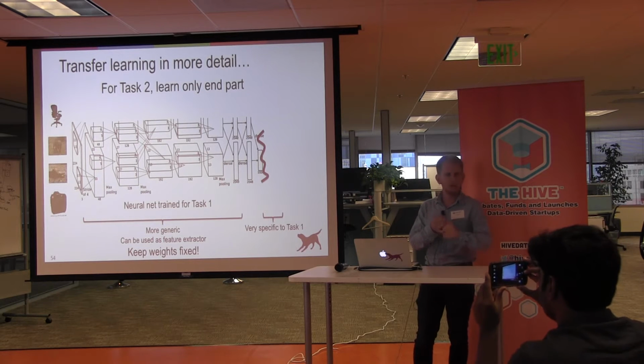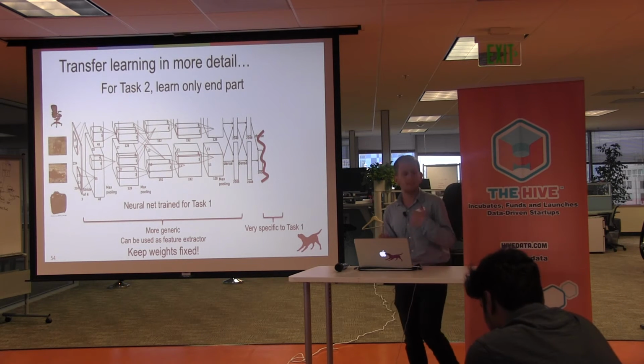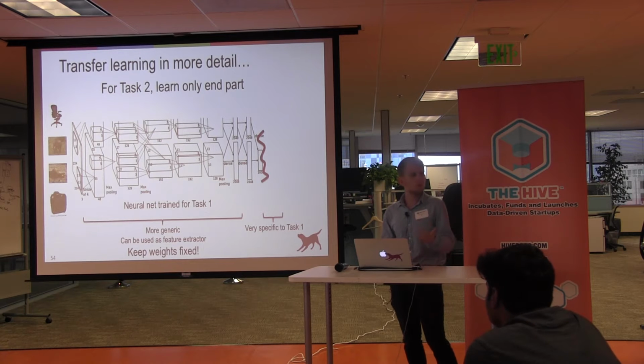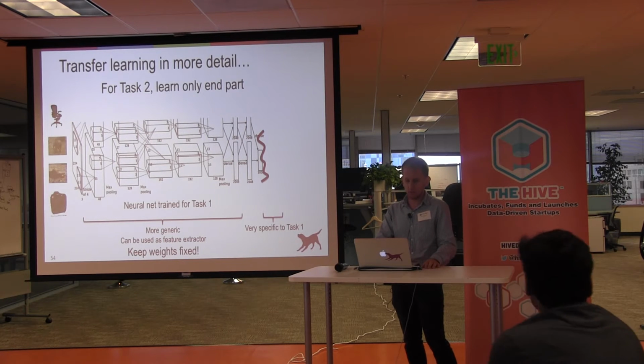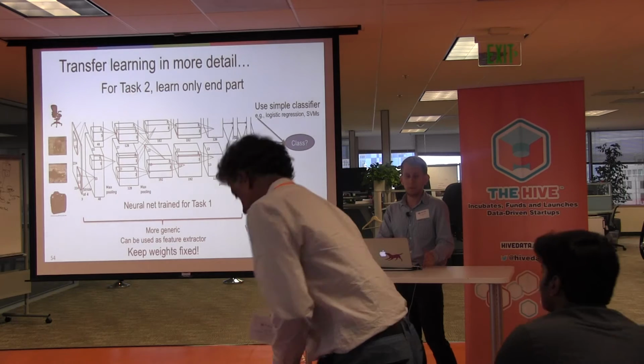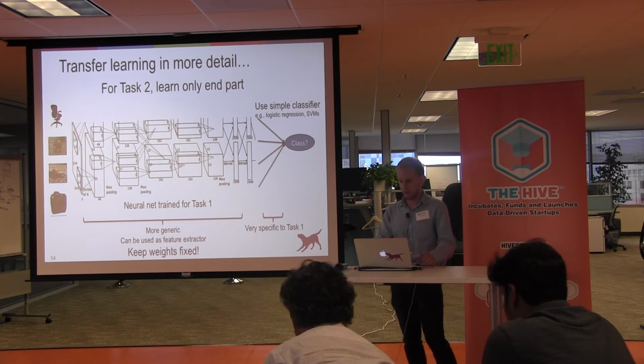How far back you want to go depends on how different your new domain is from the old domain. And so now, you have all these weights, you keep the weights fixed from where they were before, you take a new image, you propagate it through the network, you have a vector representation of each image, and now we're back to just training simple classifiers that everybody knows about.